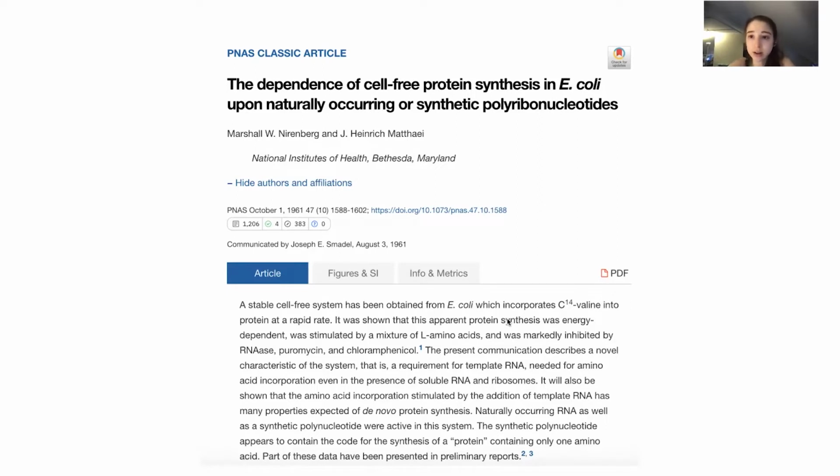coli expression system where they're able to break open E. coli and separate various parts: the ribosomes, what they call ribosomal RNA, which is confusing because that's actually the template RNA, not the actual RNA making up the ribosomes. There was something called soluble RNA, which was tRNA, transfer RNA.